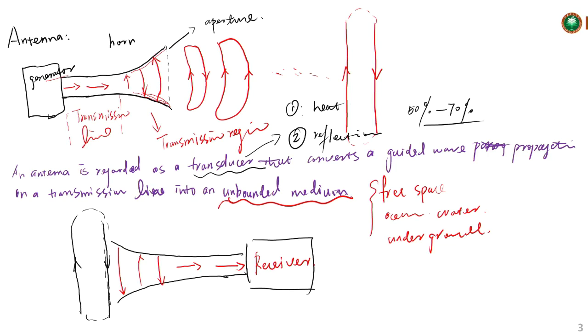Now another thing we need to pay attention to is that if we have two identical antennas, when one operates at the transmitter side, it is going to have the same radiation pattern, or antenna pattern, as when it operates at the receiver side.